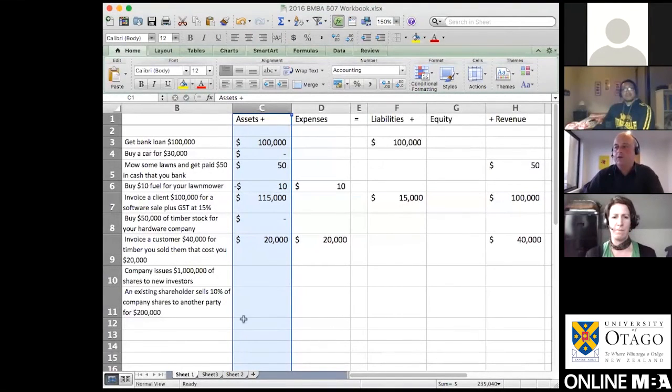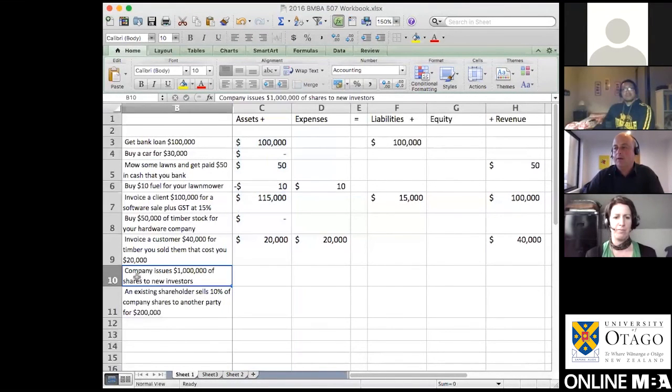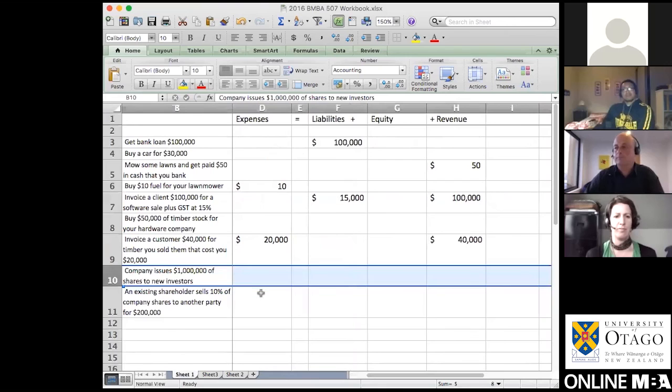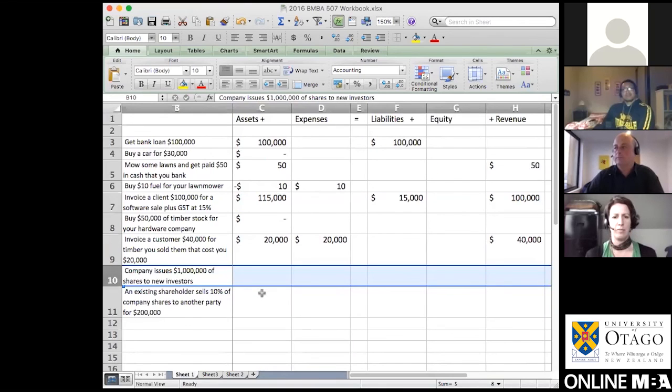Cara, would you be comfortable having a crack at this one? Can give it a shot. So if they're issuing $1 million of shares, then the equity in the company. Yep. So first question: what are the 2 accounts that you think are affected? One's equity, and what's the other one? And the other one is the value. So the asset. Yep.